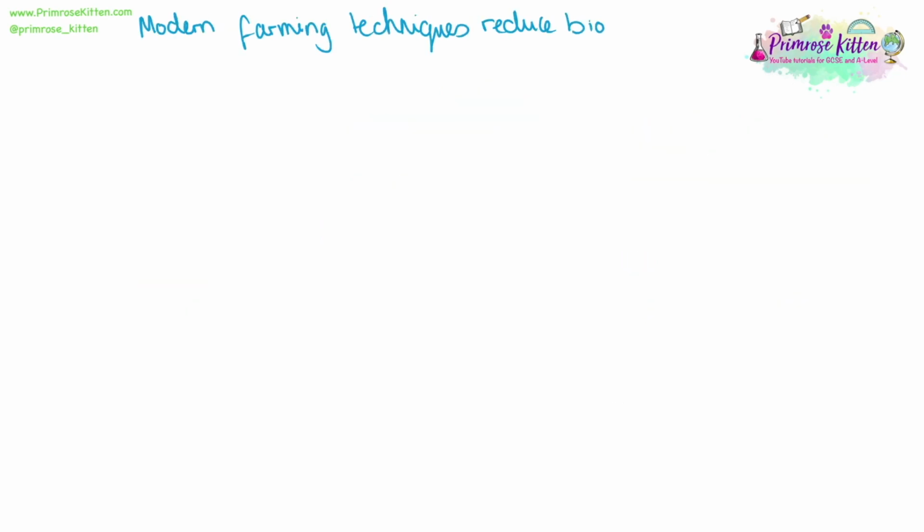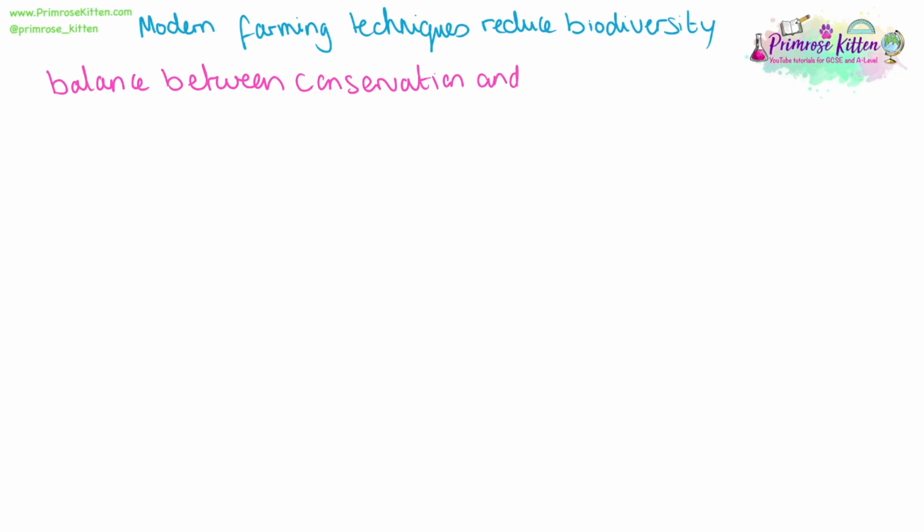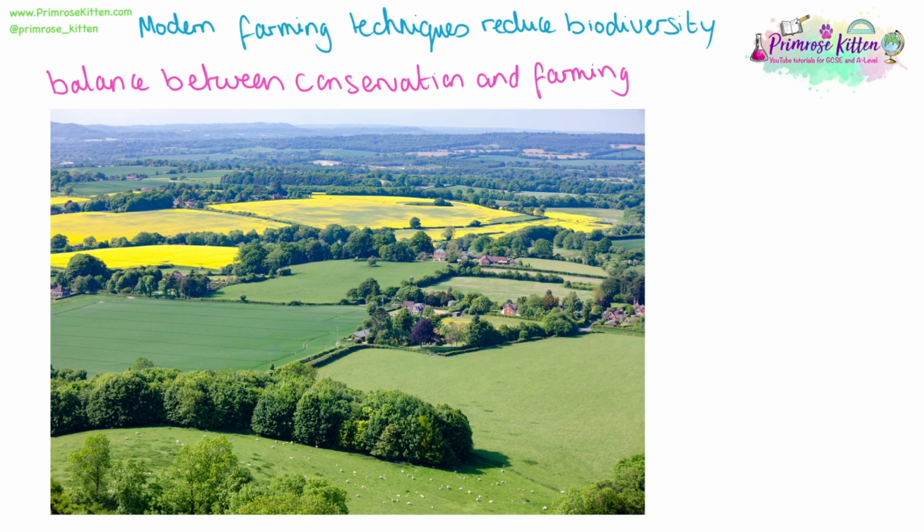Modern farming techniques can reduce biodiversity, and there needs to be a balance between conservation and farming. Here we have a picture of what could be considered a very traditional farm in the British countryside. We can see there are lots of different types of crops going on. I'm not a farmer, but I can tell that because they're different colours. Some of it is crops, and I believe these little white blobs down here are sheep.